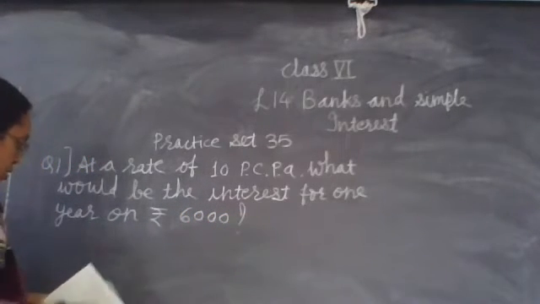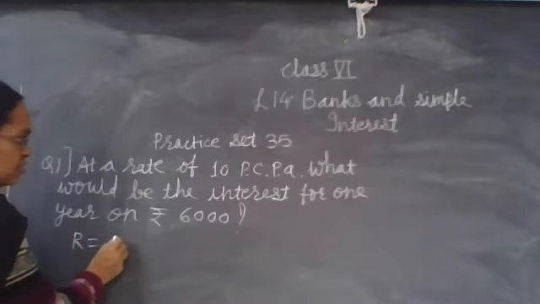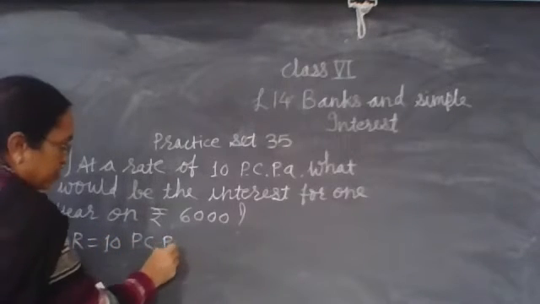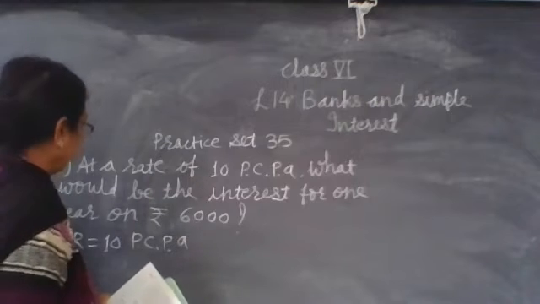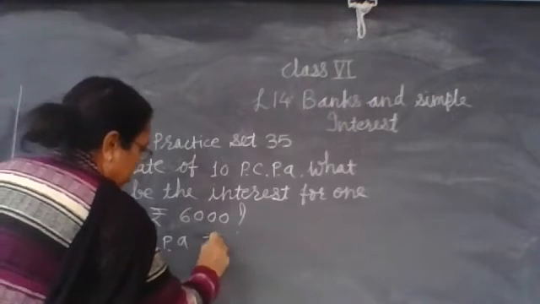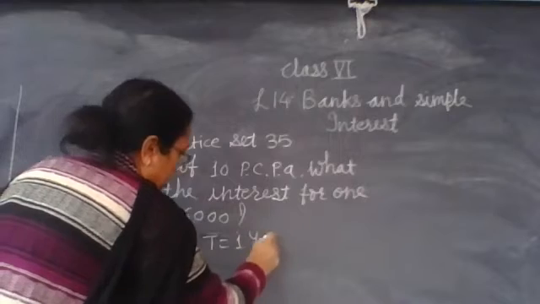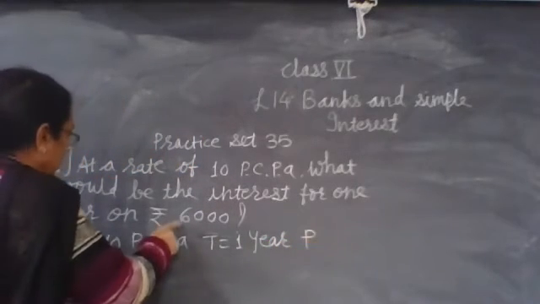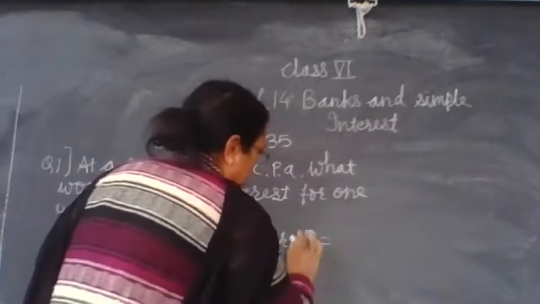So here the rate is given as 10 PCPA, time is 1 year, and the principal amount is 6,000.